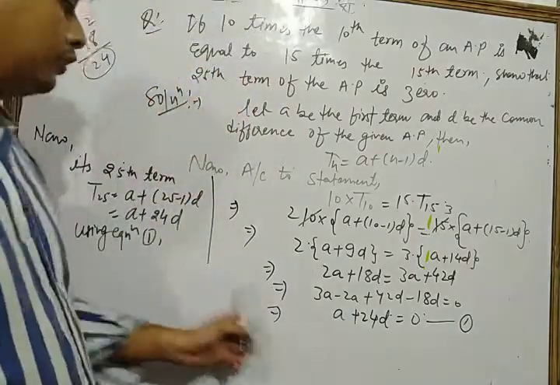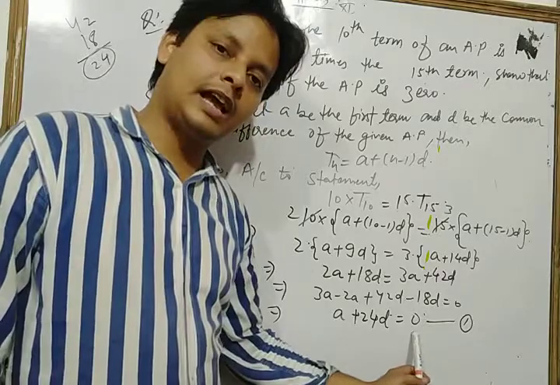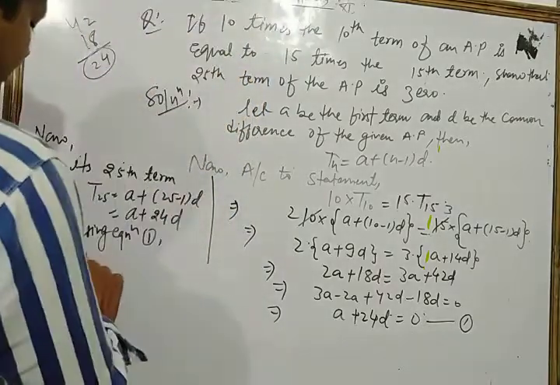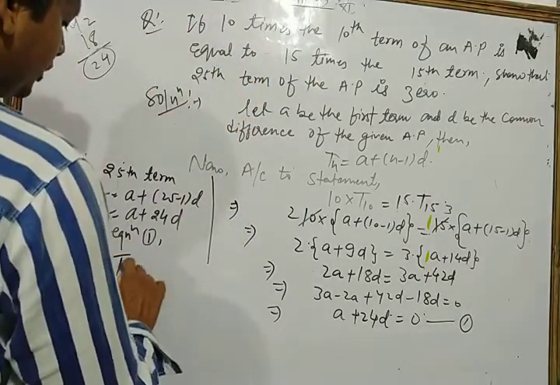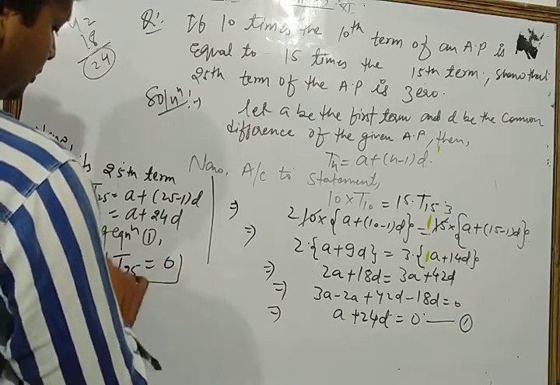So we put the value of A plus 24D as 0, and we get T25, the 25th term of this AP, is 0. Hence proved.